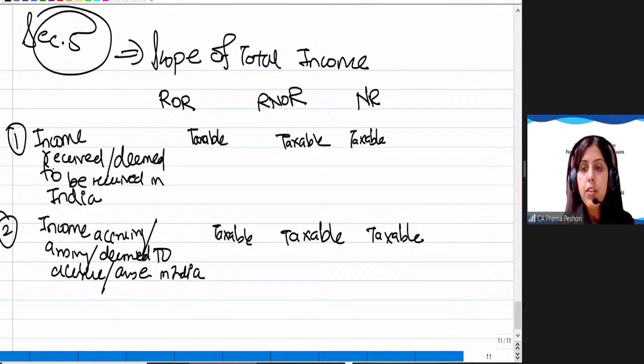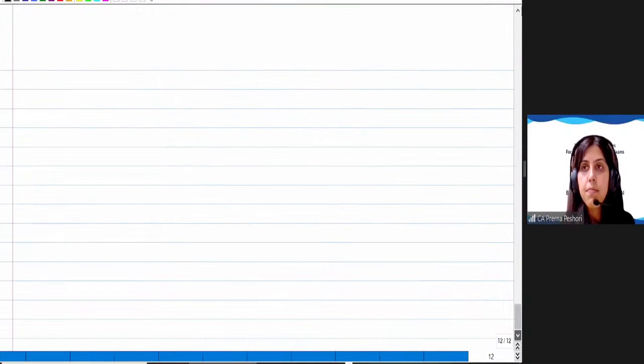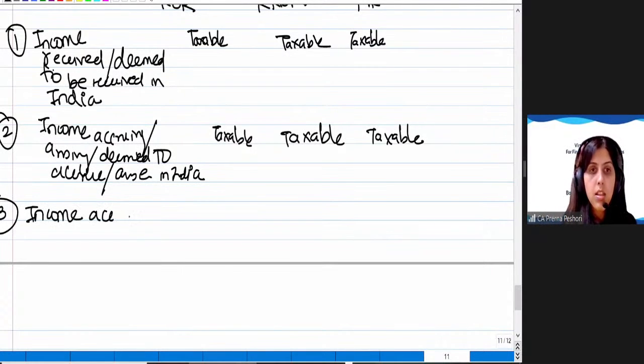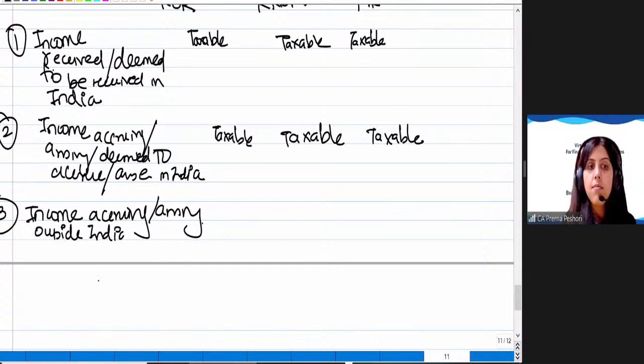The third category of income, income accruing or arising outside India, this will be taxable for ROR. This will not be taxable for RNOR, and this will not be taxable even for NR.